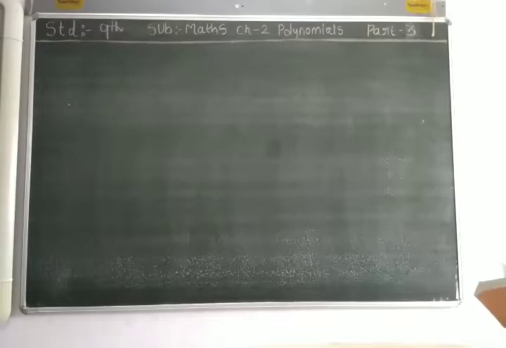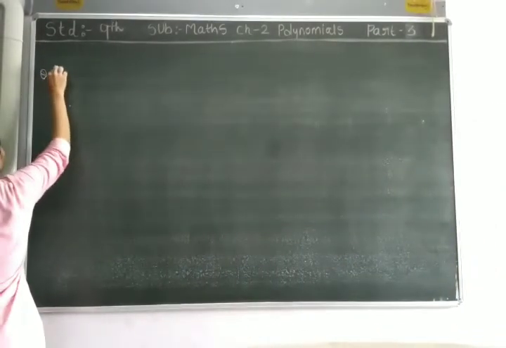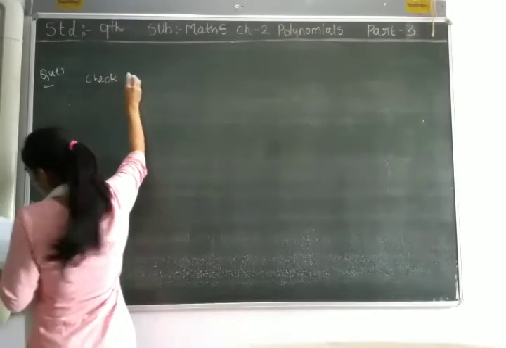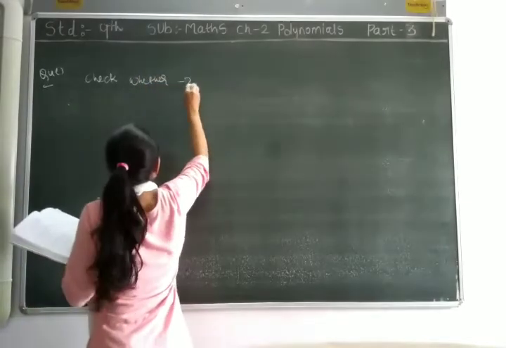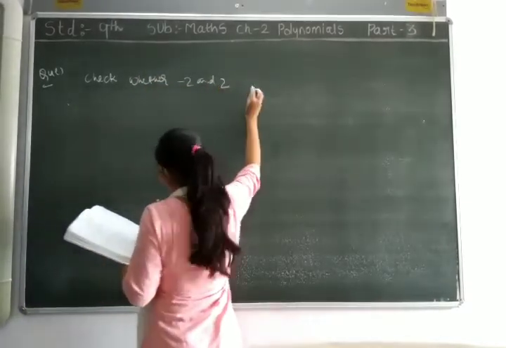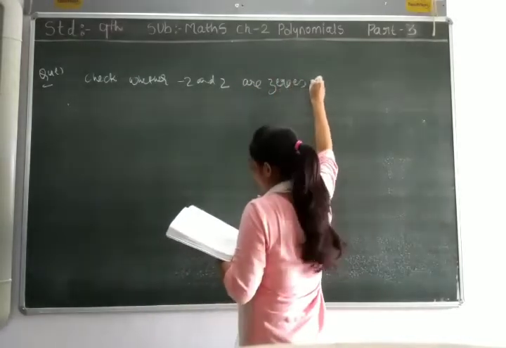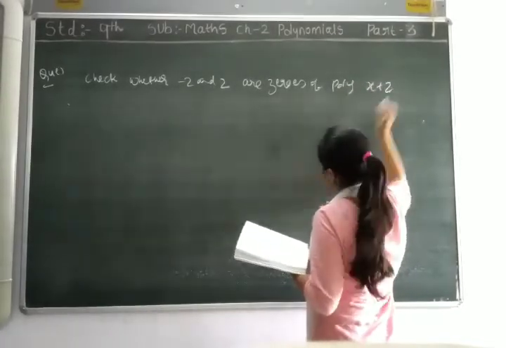Now move towards some extra questions. Check whether -2 and 2 are zeros of the polynomial x plus 2.